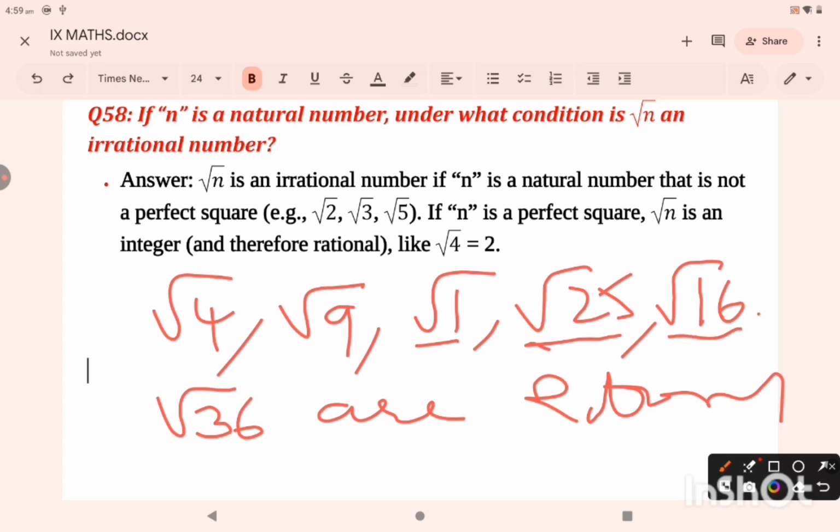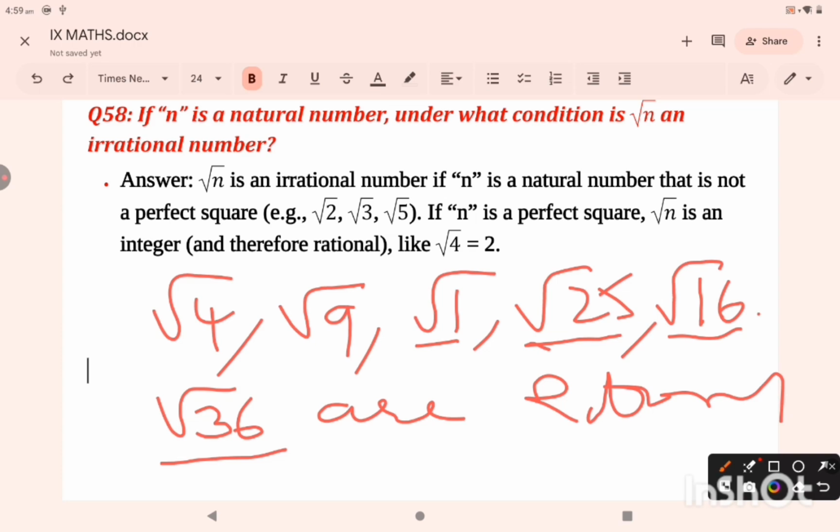Root 16 is a rational number, 16 is a perfect square. Root 36 is a rational number, 36 is a perfect square.